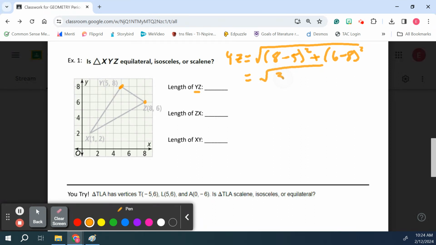This leaves us with 3 squared plus negative 2 squared. Which gives us 9 plus 4, which ends up being the square root of 13. So we have the first side all squared away.